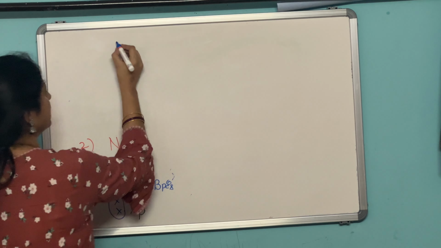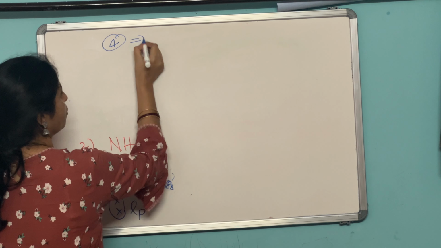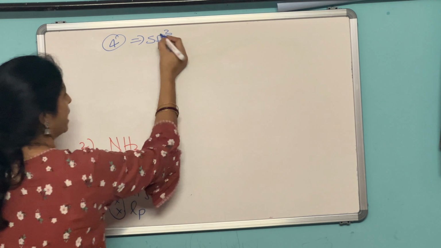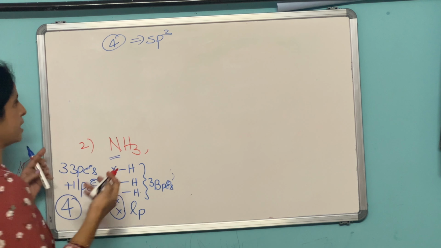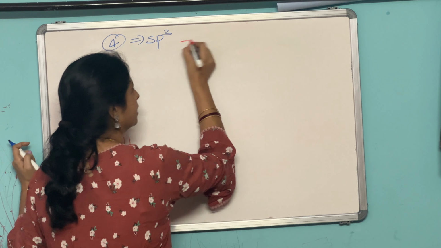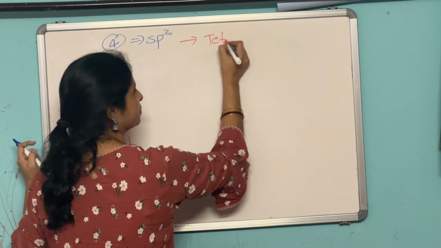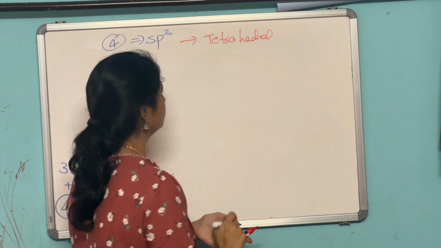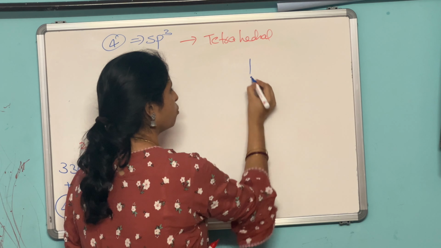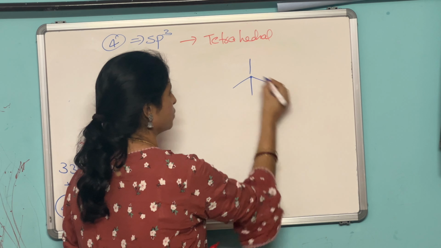So here 4 means, what is the type of hybridization? It is sp3 hybridization, with tetrahedral geometry. 4 means tetrahedral geometry with a bond angle of 109 degrees 28 minutes.